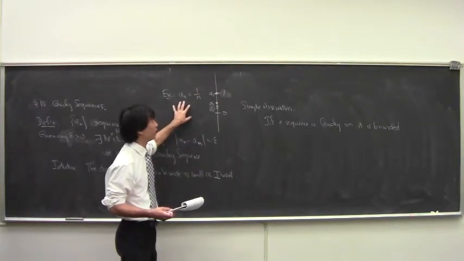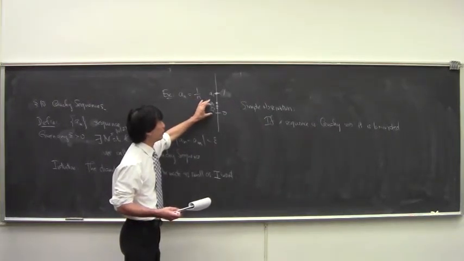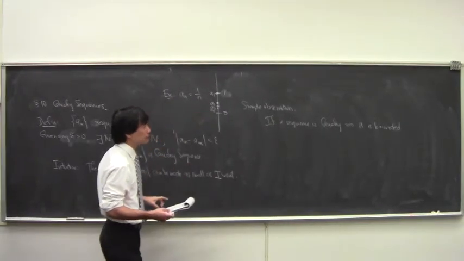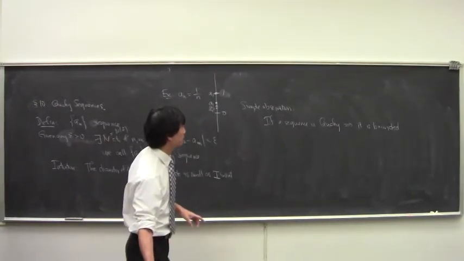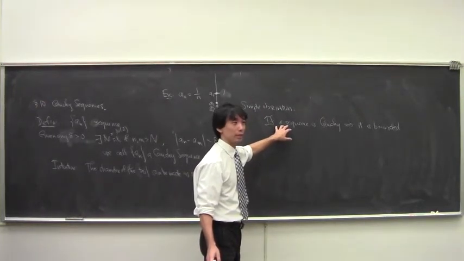So here's an example of a Cauchy sequence, and I hope it's clear what we mean by that: you can control the diameter of the tail. So if a sequence is Cauchy, then it's going to be bounded.